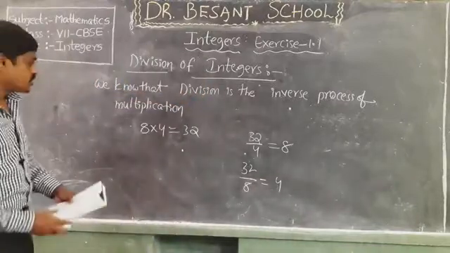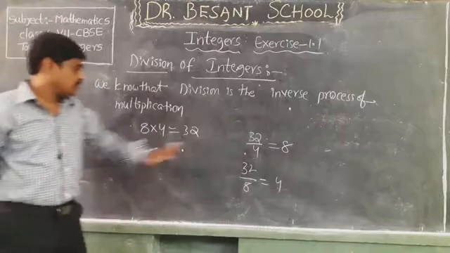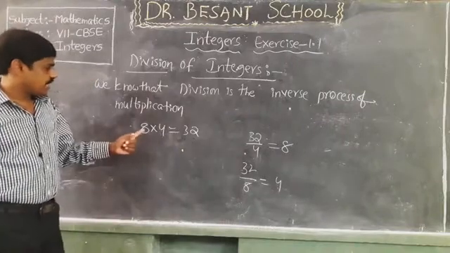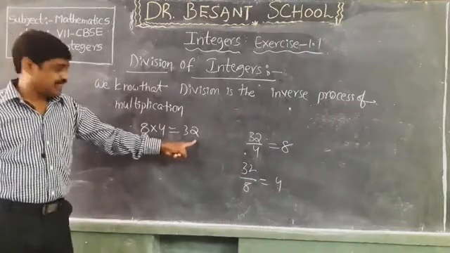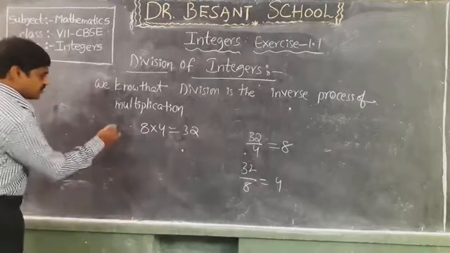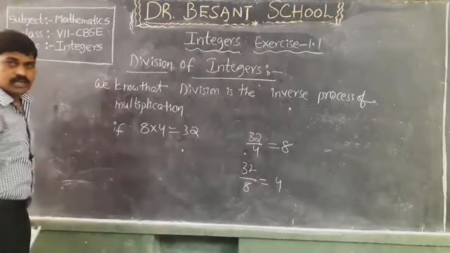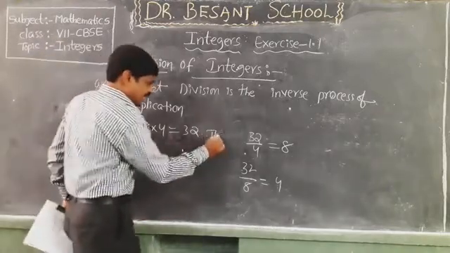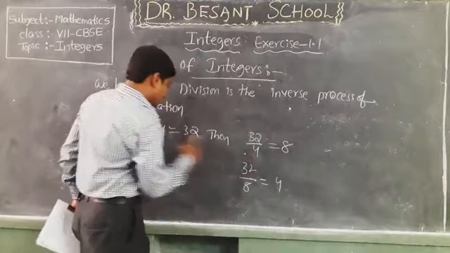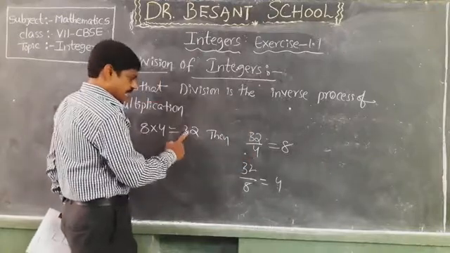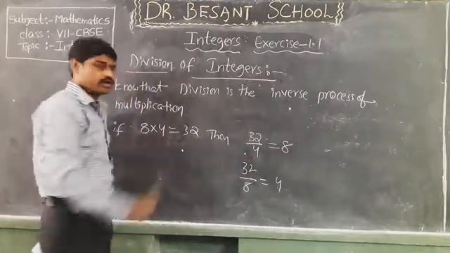Understood or not? So observe the relation between this: 8 into 4 is equal to 32. Then 32 by 4 is equal to 8, and 32 by 8 is equal to 4.